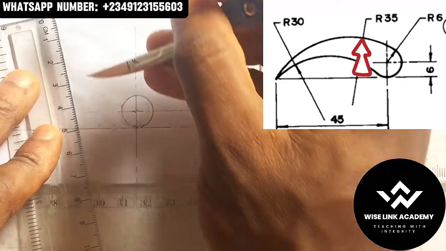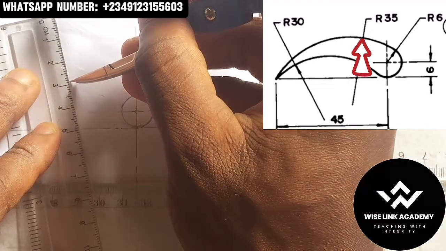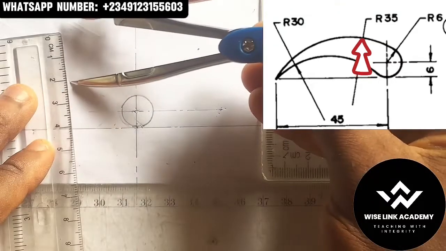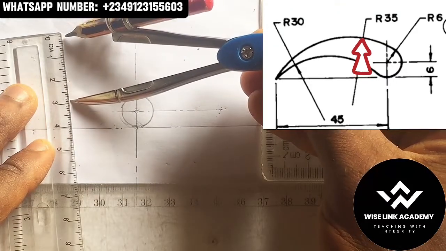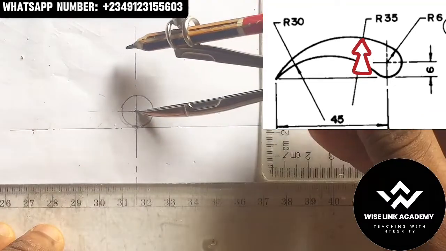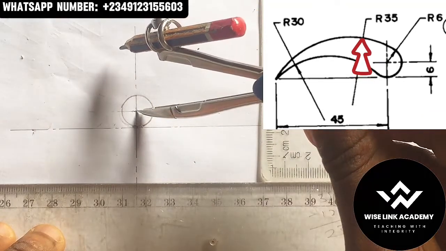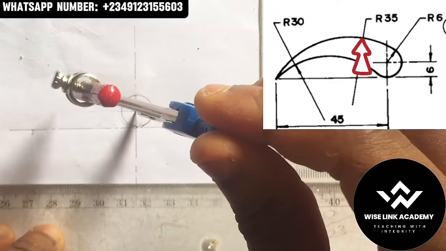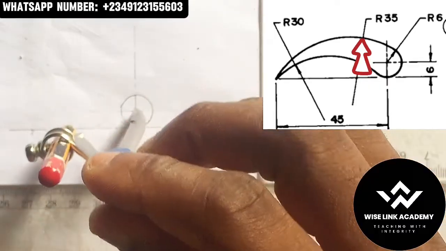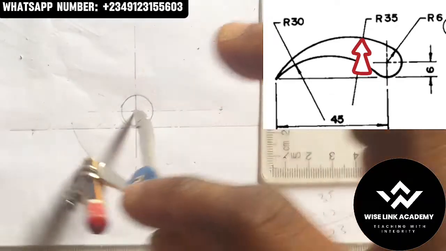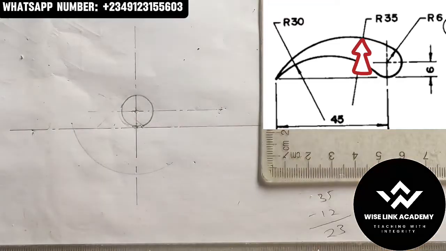So to this point 29, from here to here is 29. Right, so I will take my compass to this point 6 here, and I will draw a curve downward this way, as you can see.